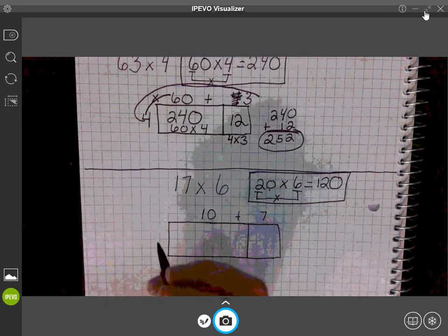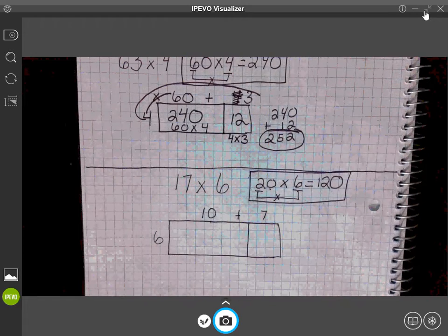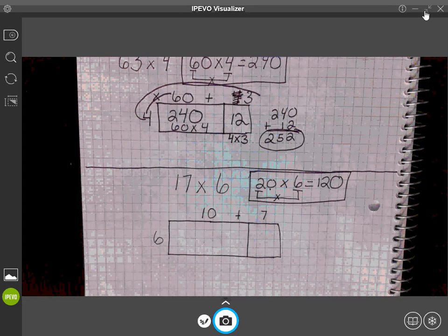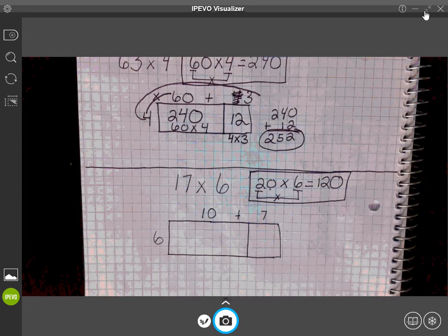And then I'm going to put the 6 that I'm multiplying out here on the side to show that I'm multiplying by that number. Is anybody confused as to how to label this? You want to make sure you're labeling your box correctly, because if you don't, it's going to mess it up.